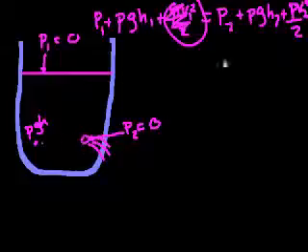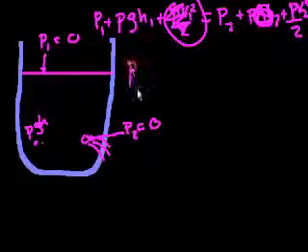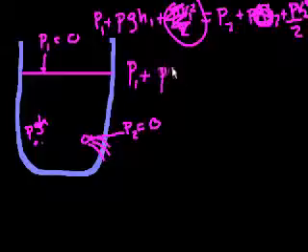And then we also defined that the hole was at 0. So H2, the height of H2, is 0. And so it's simplified down to the input pressure, the pressure at the top of the pipe or at the left side of the pipe, plus rho GH1.